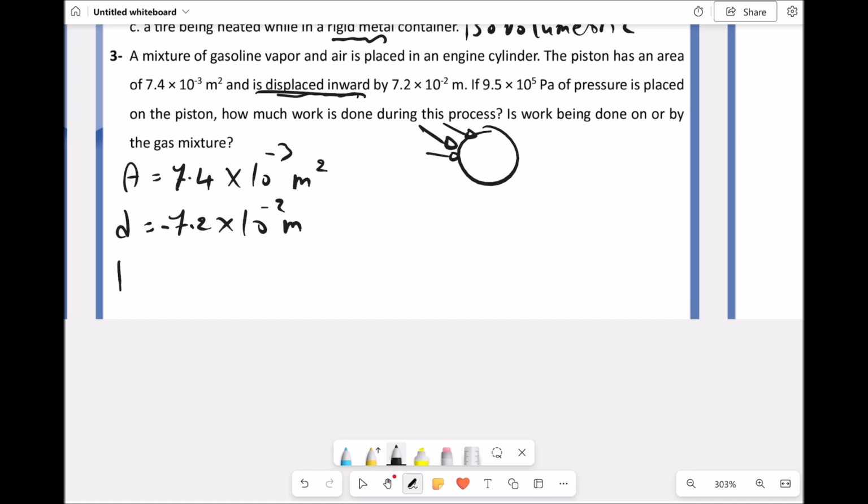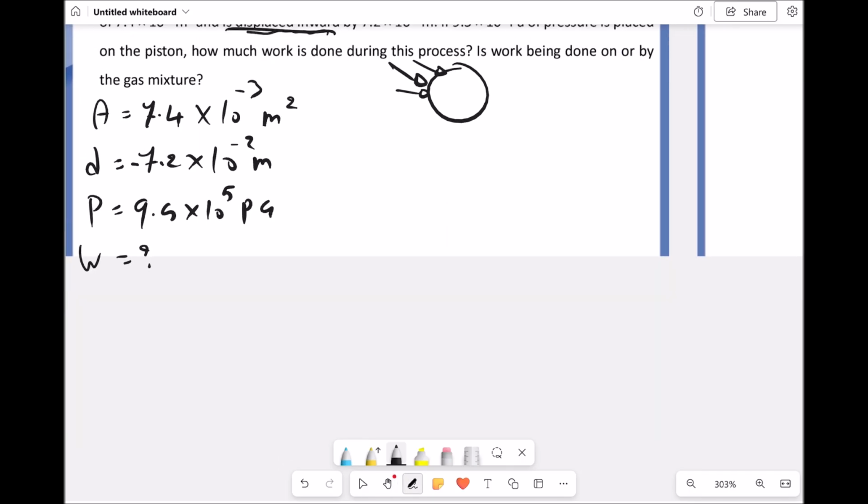Then the pressure is equal to what? Pressure is equal to 9.5 times 10 to the power of 5 Pascal. It says how much work is done during this process. So work is equal to what? Is work being done on or by the gas mixture? Let's calculate this. So work is equal to pressure multiplied by delta V. We don't have delta V, so pressure work is going to be pressure, area multiplied by distance.